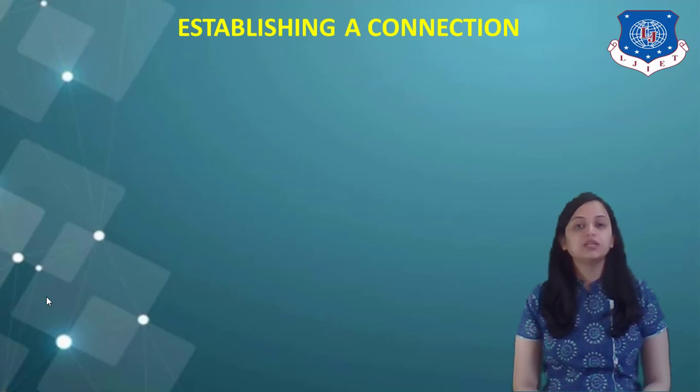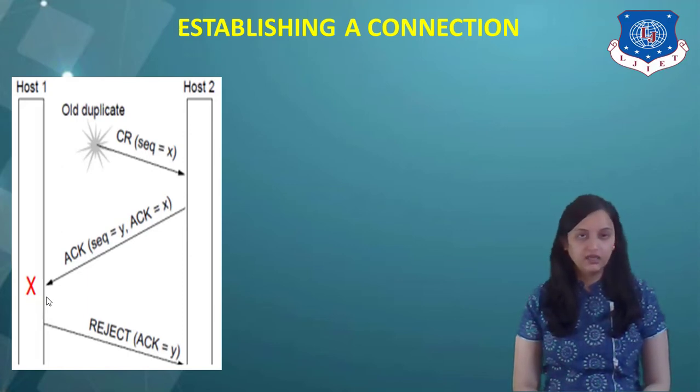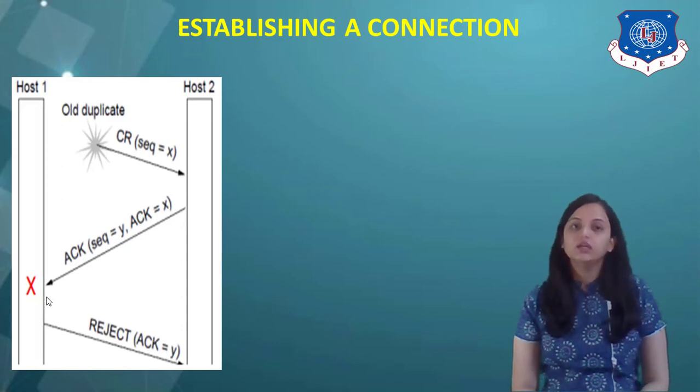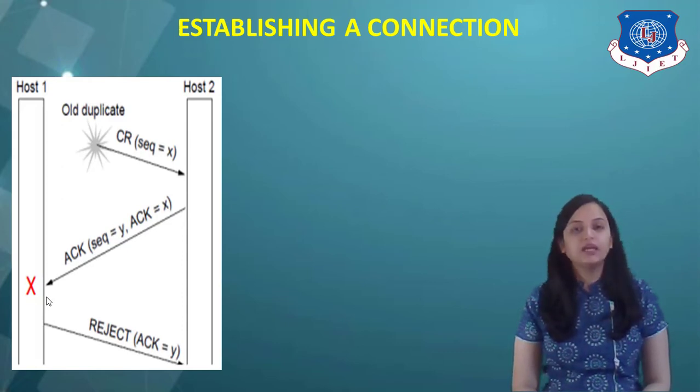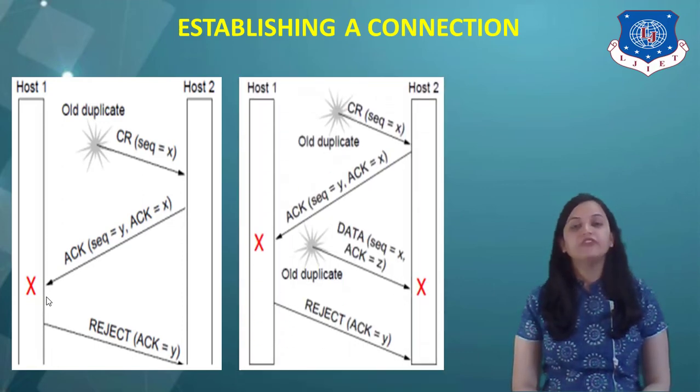Next is establishing a connection. As you can see, this indicates the three-way handshaking of establishing a connection. Here host 1 and host 2 are indicated, where host 1 sends the connection request CR, of which the acknowledgement is to be obtained. There are two worst case scenarios that may happen if the standard connection is not established.